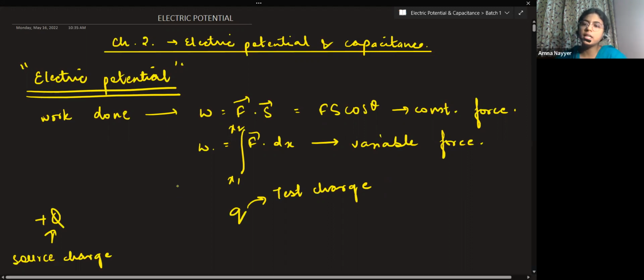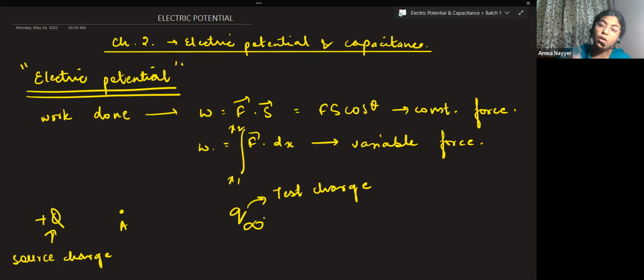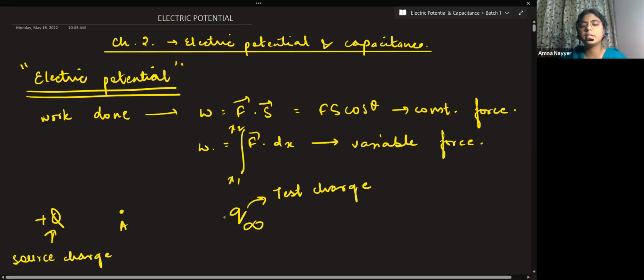So now see, if I bring this small q at a point, let's say this point is some point A. And here this q charge was at infinity. Somewhere very far away beyond our reach, this was at infinity. Now from infinity, I have brought this test charge to some point A.